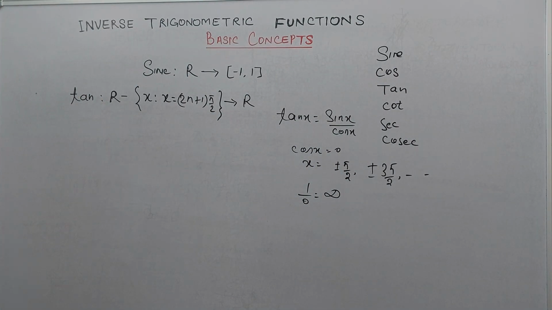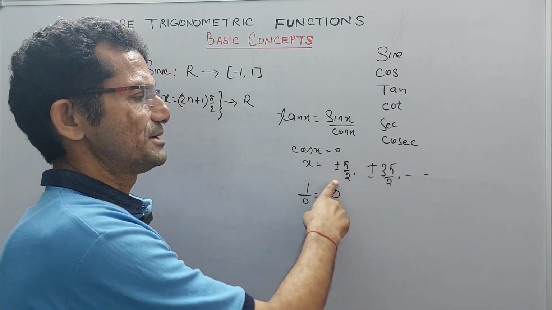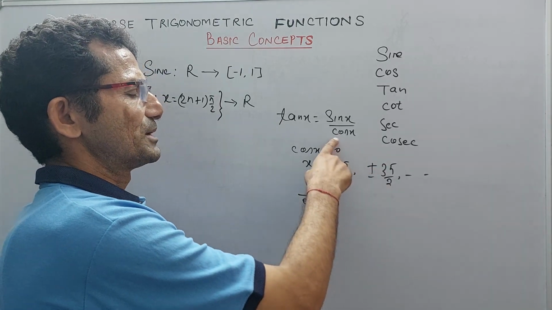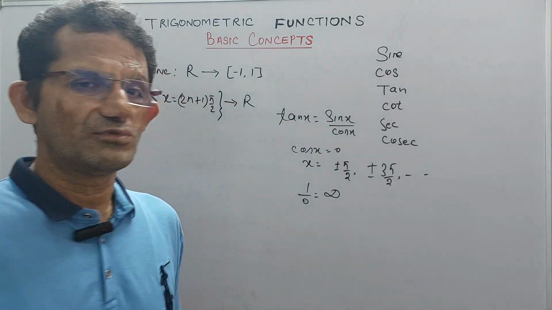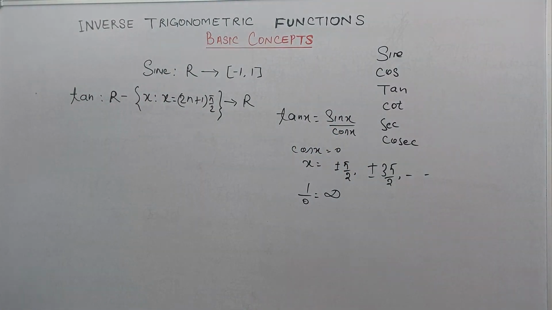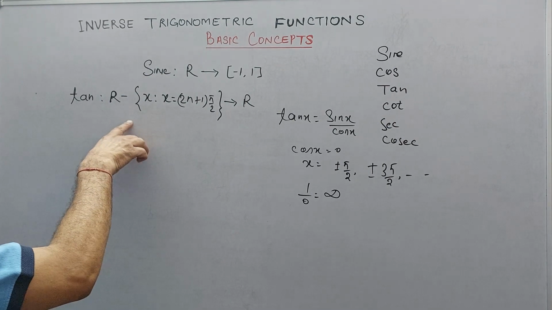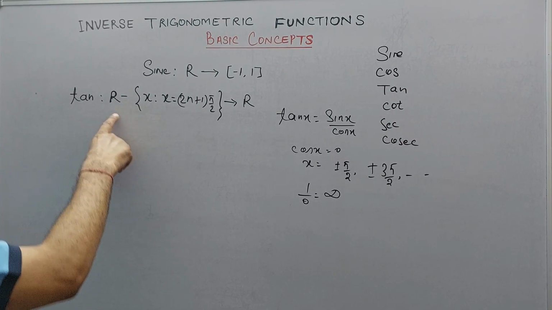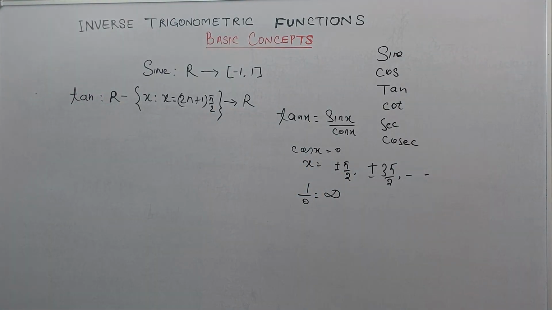For x being plus minus pi by 2, plus minus 3 pi by 2, cos x becomes 0, something is 0 in the denominator, and the value comes out plus infinite somewhere and minus infinite somewhere. That's why we have deleted these angles from the set of real numbers, and our domain becomes R minus these values. Next one is the cotangent function.